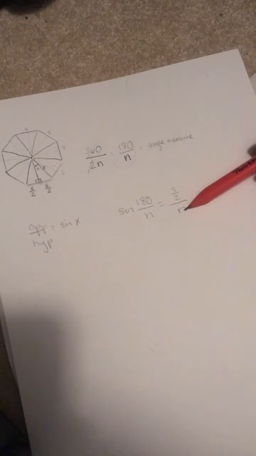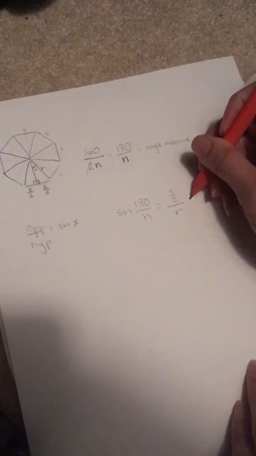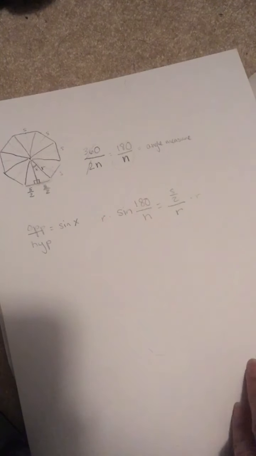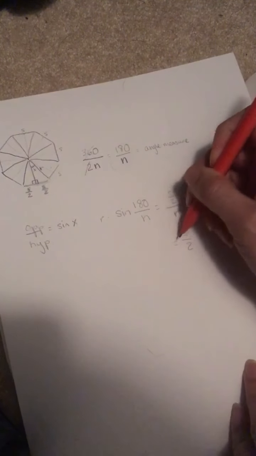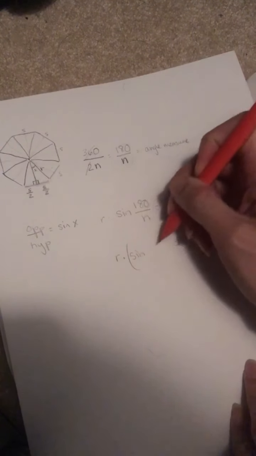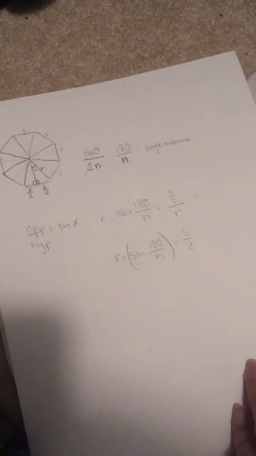So we're going to multiply both sides by r to get rid of the r down here. So multiply by r, multiply by r. So I have s over 2 equals r times this whole thing, sine of 180 over n.